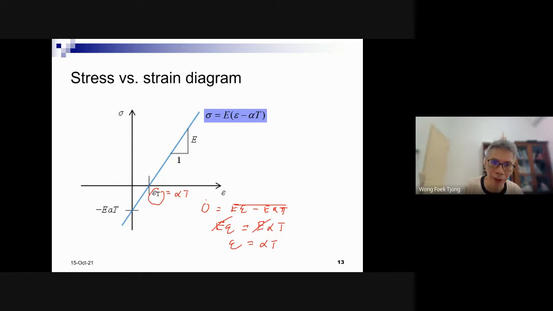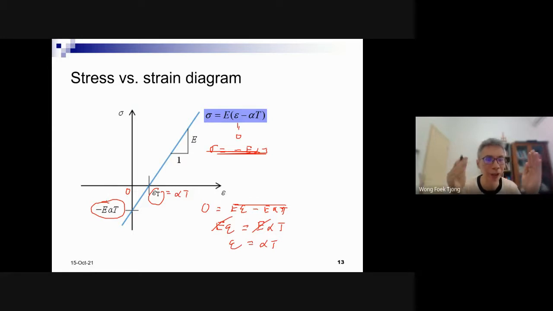And then when the strain is 0, here the strain is 0, of course the sigma becomes minus E alpha T. Okay. So this is the initial stress, the stress at the undeformed state.